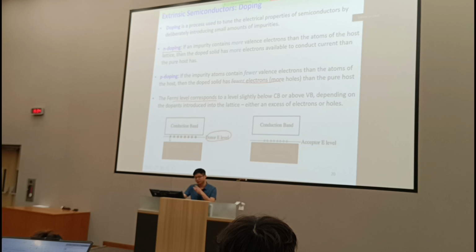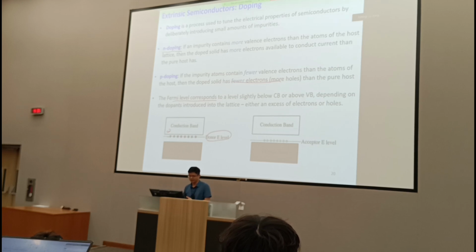Now you have the donor, and the donor carries one additional electron. You can consider it as occupied before it is ionized, before the electron jumps into the conduction band. So the donor state is occupied and very often close to the conduction band. It sort of moves the Fermi level close to the conduction band.